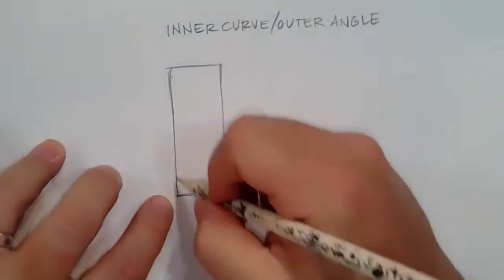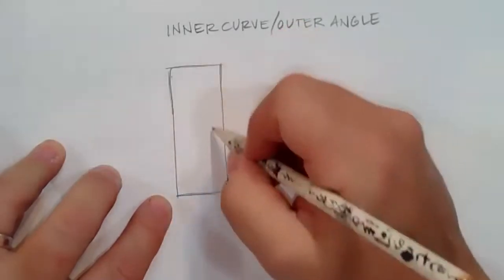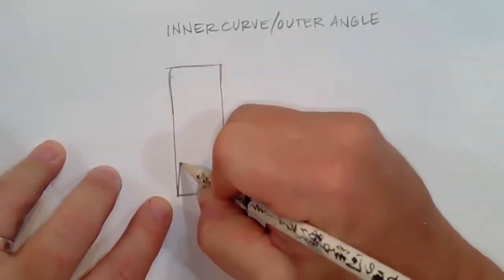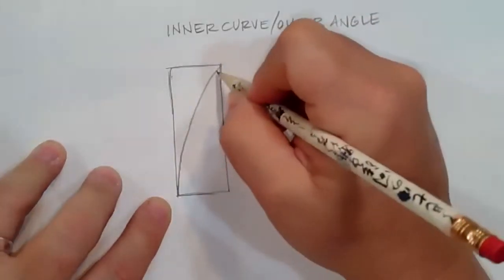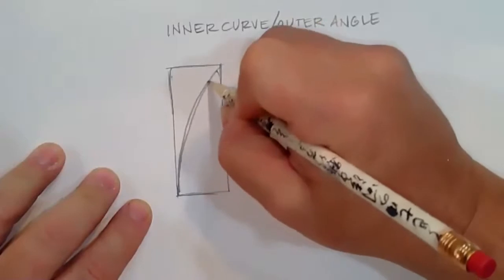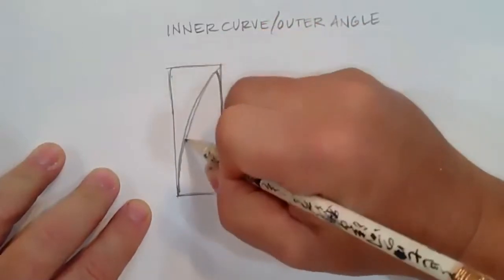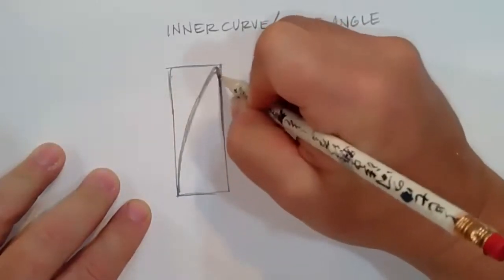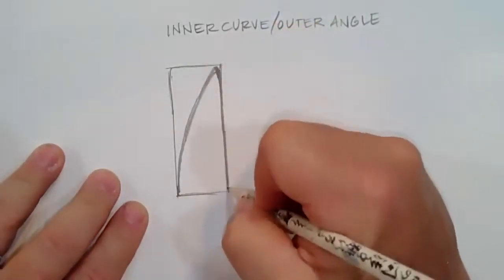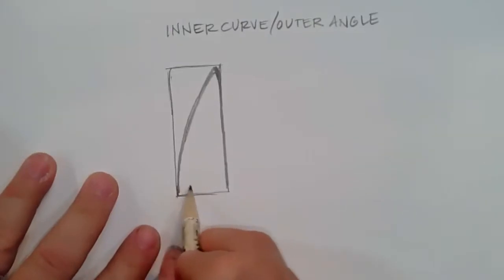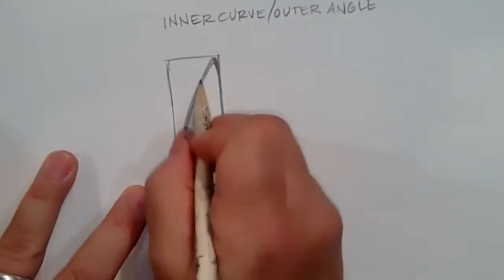So if I want to curve my letter, I could do an A like this and have it go up into that corner, and maybe it does something like this. Go a little higher there. And where do I want to do my crossbar? Do I want to keep it very, very low, very, very high?